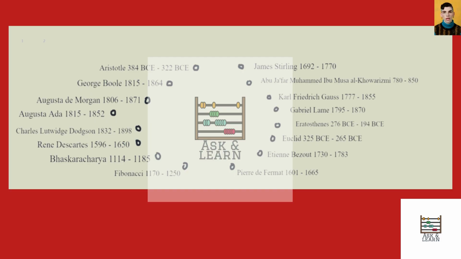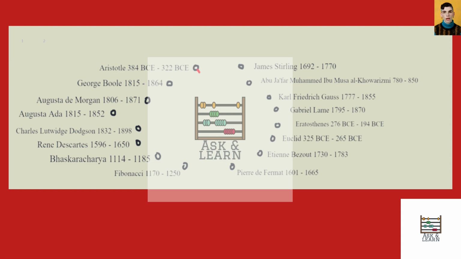And now I'm going to add an edge between each pair of mathematicians if they were alive at the same time. So let's take a look at Aristotle. Aristotle lived between 384 BCE and 322 BCE. So I am going to add an edge from Aristotle to another mathematician if that mathematician and Aristotle were alive at the same time.